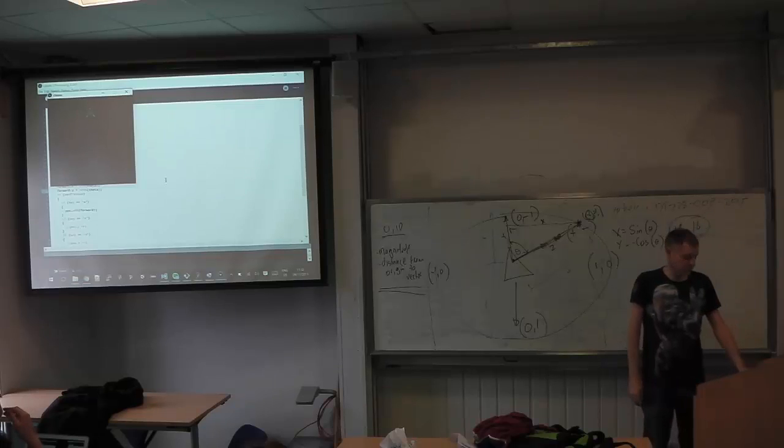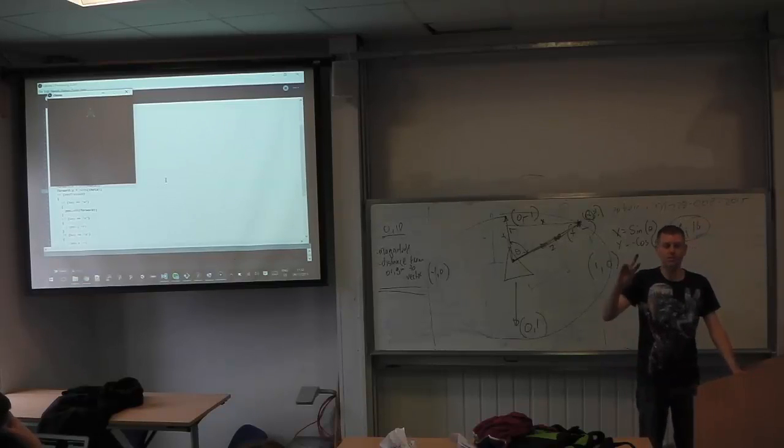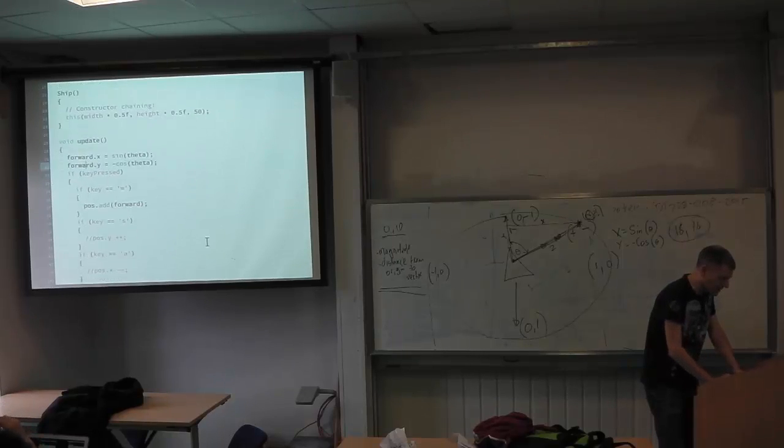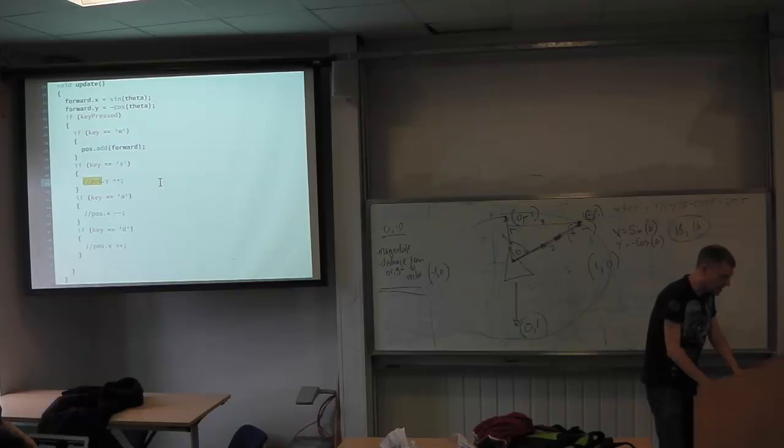Now what I want to do is use the A and the D keys to control the theta angle instead of controlling the forward vector directly. So, when I press the S key, what I want is to subtract something from theta. And when I press the A key, I want to add something to theta.